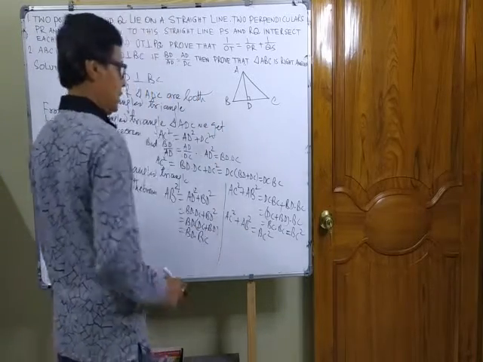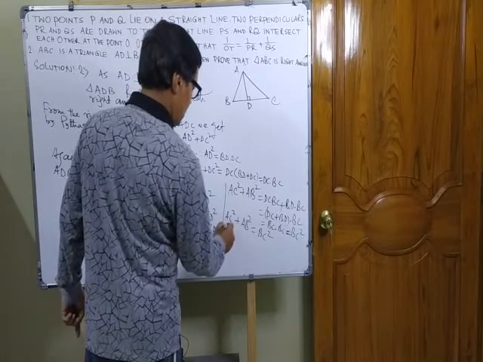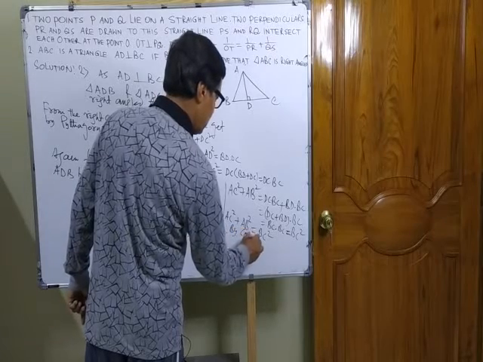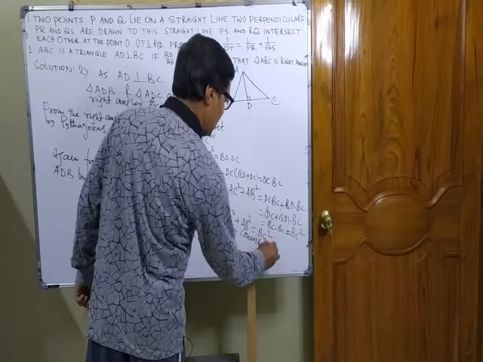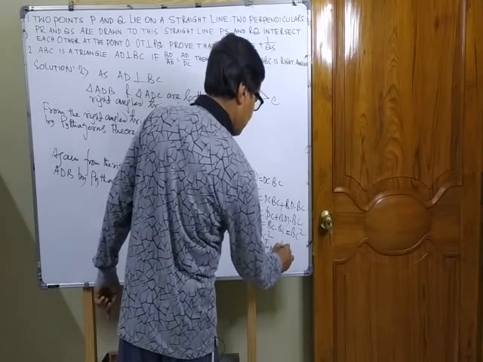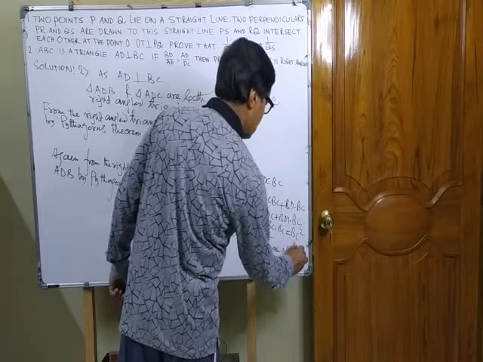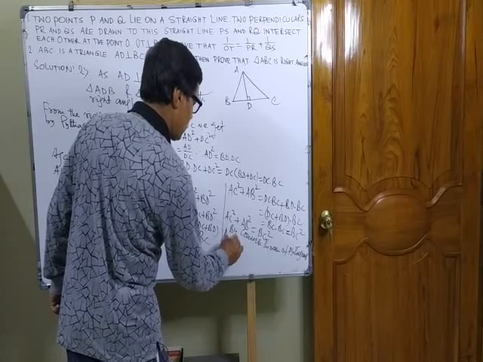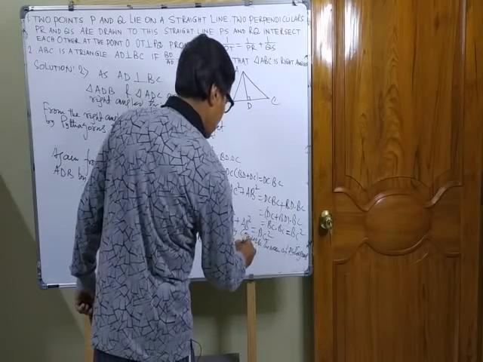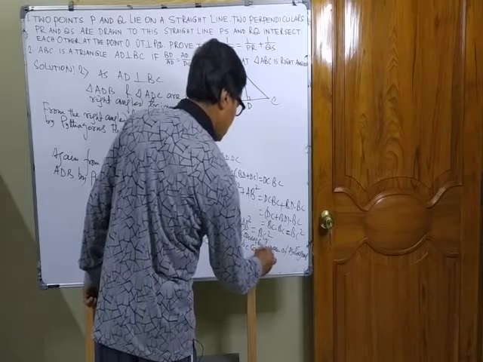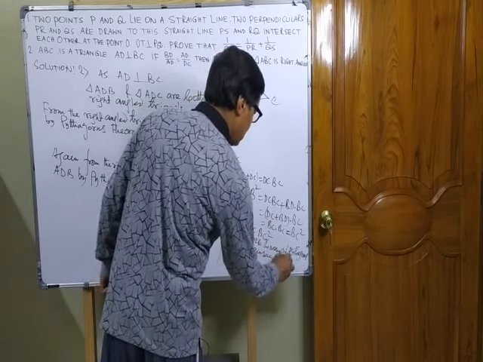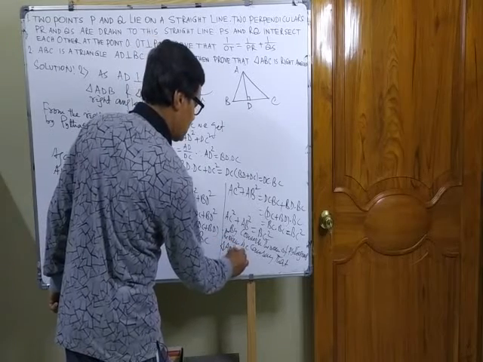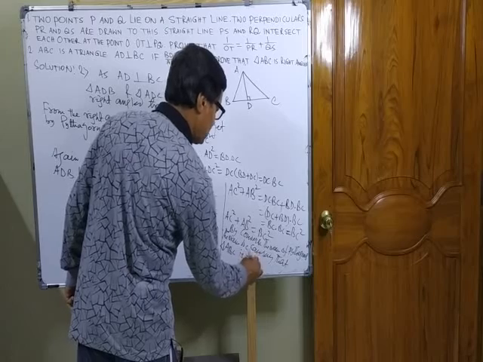By the converse theorem of Pythagoras theorem, we can say that ABC is a right angle triangle.